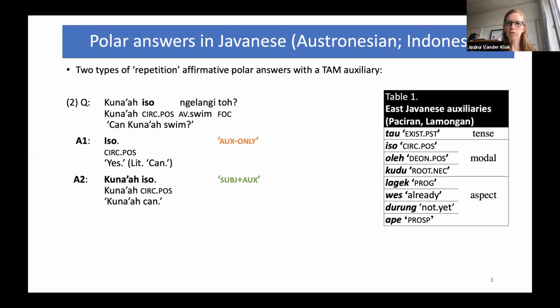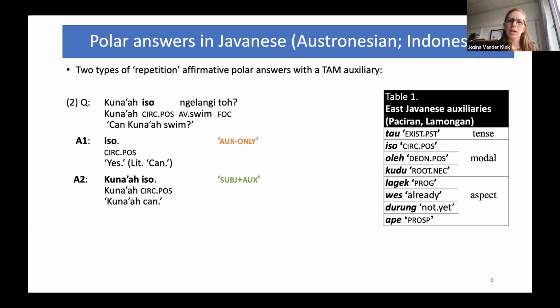There are a number of different auxiliaries in all varieties of Javanese, and the variety that I'll be focusing on comes from fieldwork that I've done over almost the past 10 years of an East Javanese variety from Pachiran spoken in the Lamongan region.